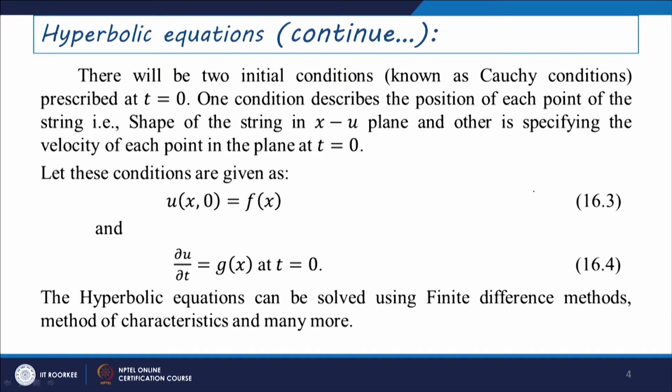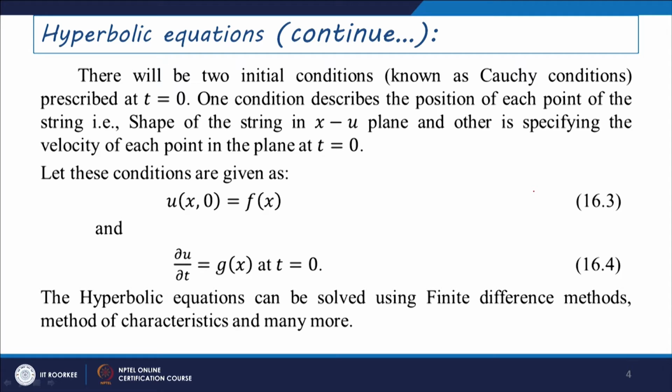But there will be two initial conditions, which can be provided in the form of a Cauchy boundary condition prescribed at t equals 0. One condition describes the position of each point of the string, that is, the shape of the string in the x-u plane, and the other specifies the velocity of each point at t equals 0.